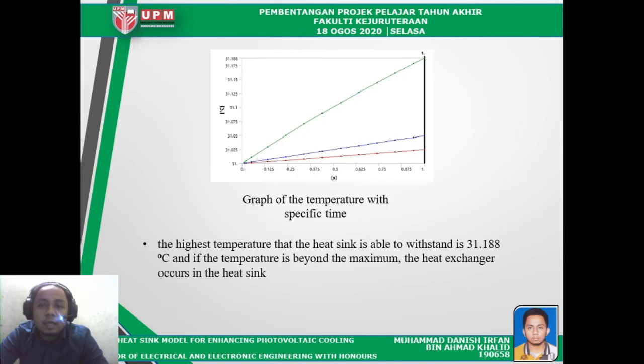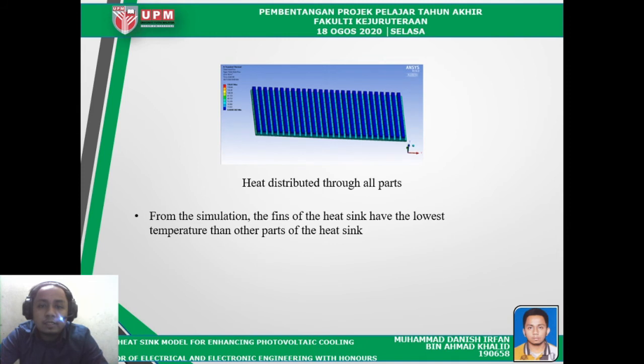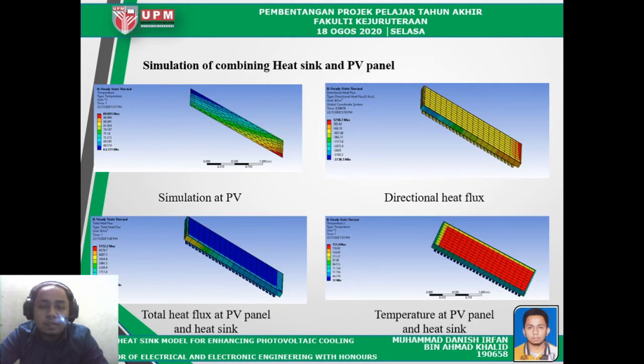After I applied the heatsink to the PV panel, this is my simulation result for combining the heatsink and the PV panel. As you can see, I can reduce the minimum temperature from 34.416 degrees Celsius to 31 degrees Celsius, which means that the minimum temperature of the PV panel can be reduced.